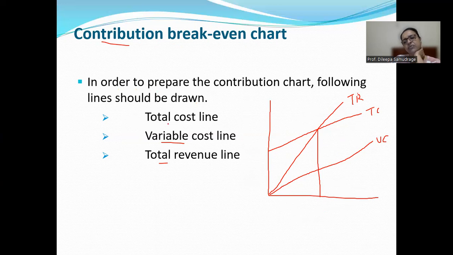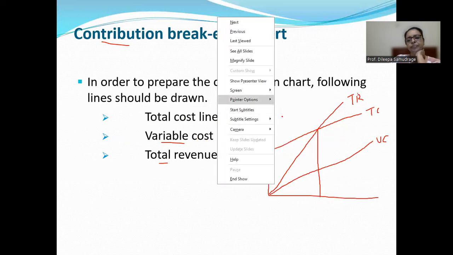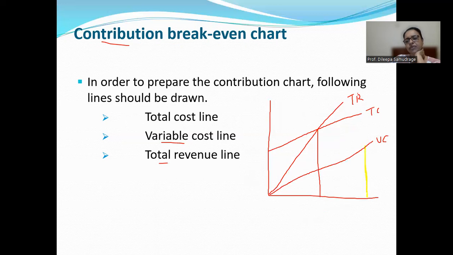Now you can show the contribution. From here to here is variable cost, and from here to here is total revenue. So from total revenue, if you deduct this area, you get the contribution. Therefore, contribution is from here to here. So you can easily show the contribution area in this graph using these 3 lines. Clear?